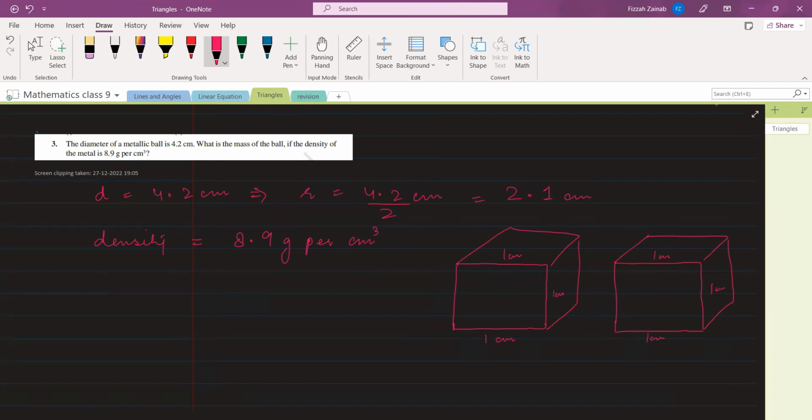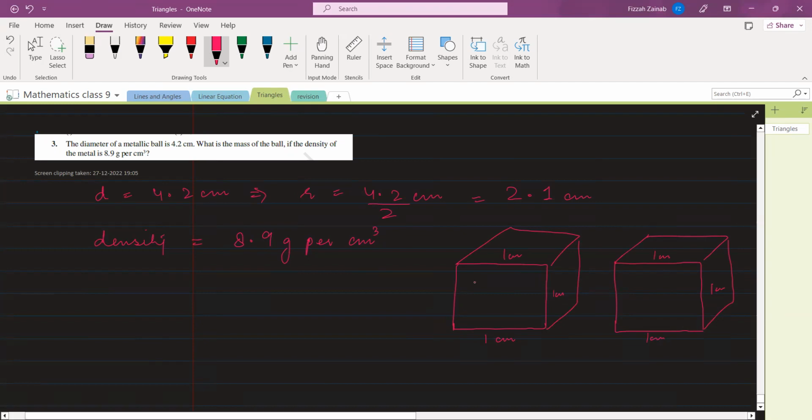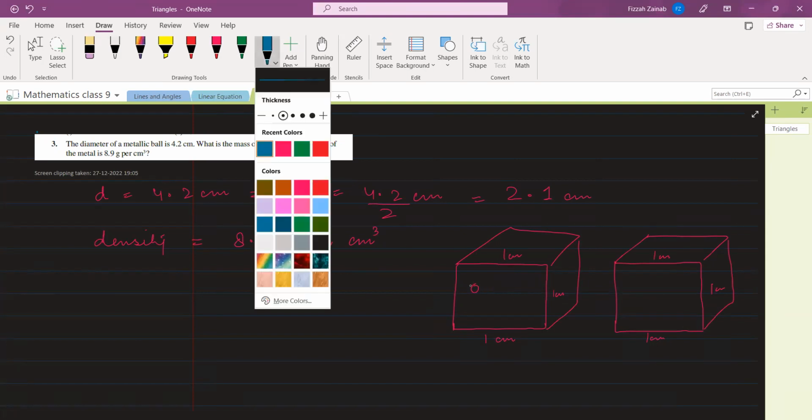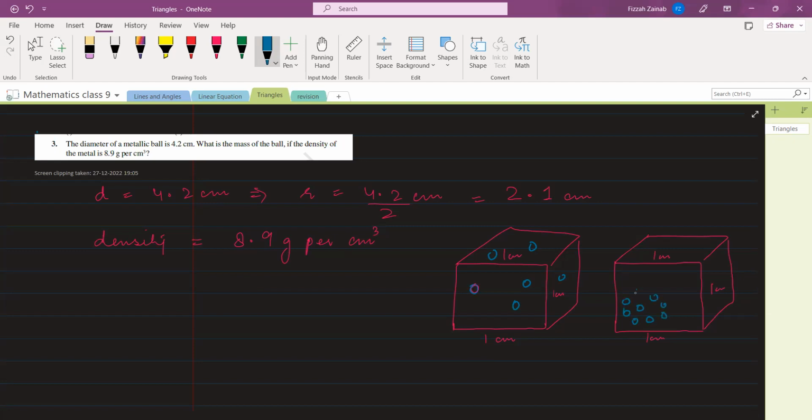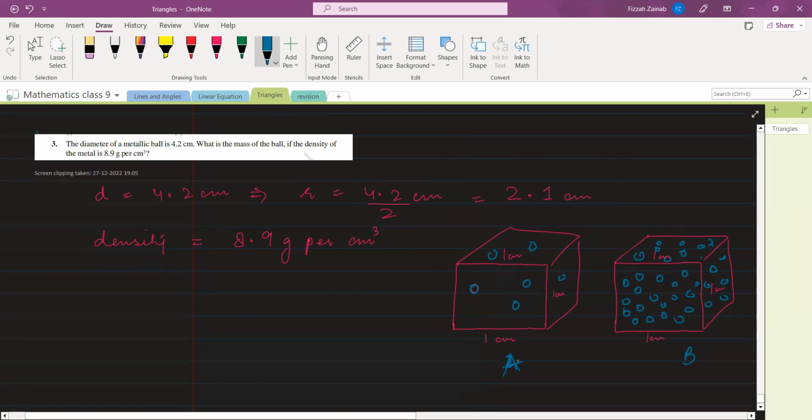How dense the object is. So this is a box, right? Let's say I have some balls inside, like this in this box. And in this box, I have balls like this. This is box A, and this is box B. So you can see in box A, the balls are very far apart from each other.